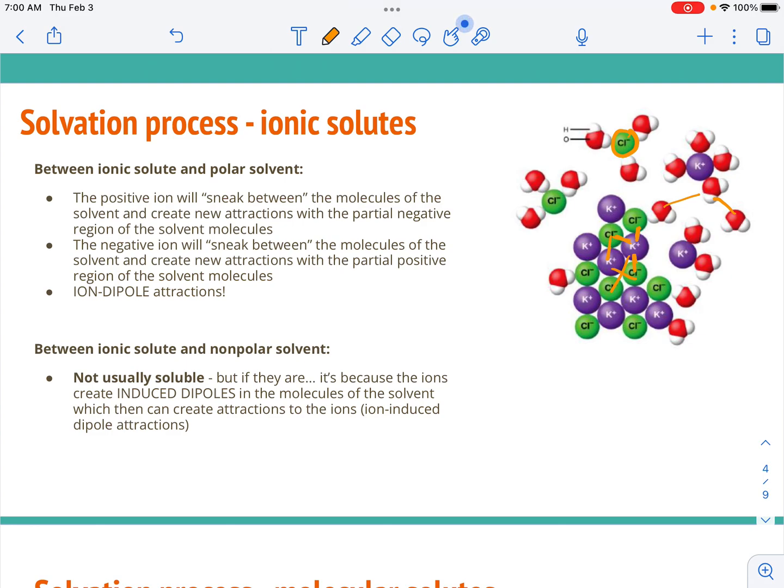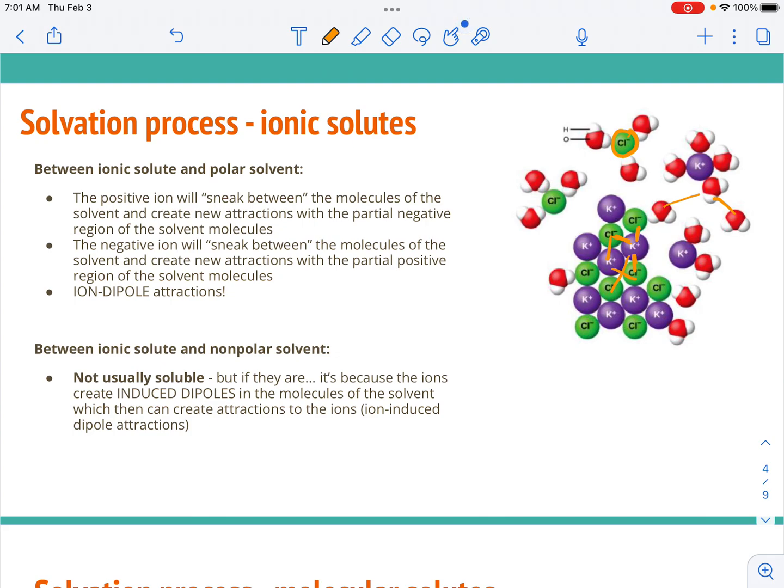Those old attractions would have a greater amount of potential energy to be broken once they've been replaced. So breaking the attractions of solute to solute and solvent to solvent requires less energy than is given off when the new solute to solvent attractions are formed. Keep that in mind, okay?